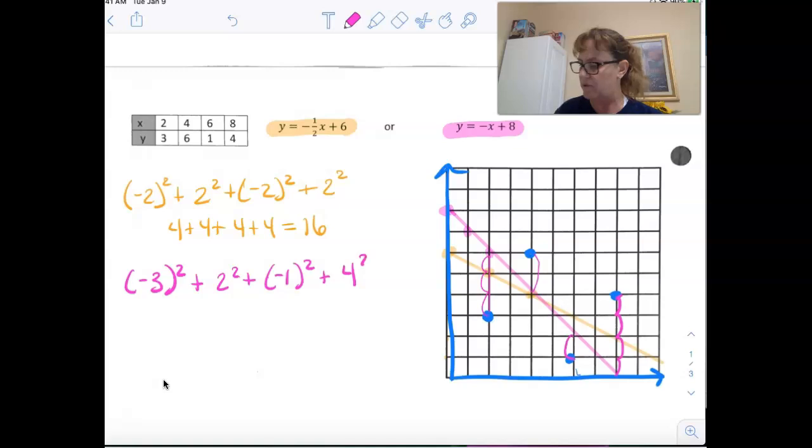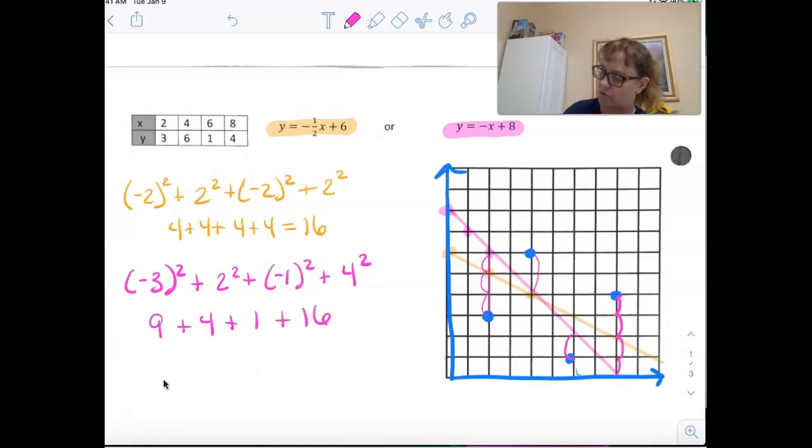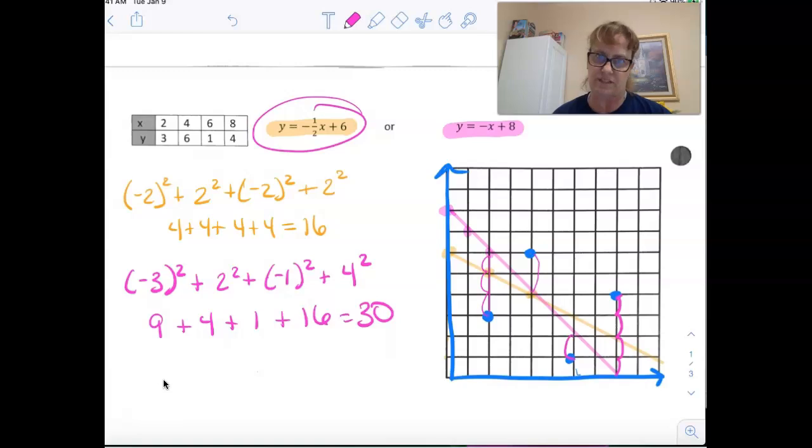So this is going to be 4 squared. So you're going to have 9, not 9 squared, plus 4, plus 1, plus 16 for a total of 30. Is that right? 13, 14. Yep, 30. So as you can see, the orange line has the lowest squared residual, so therefore it is your line of best fit.